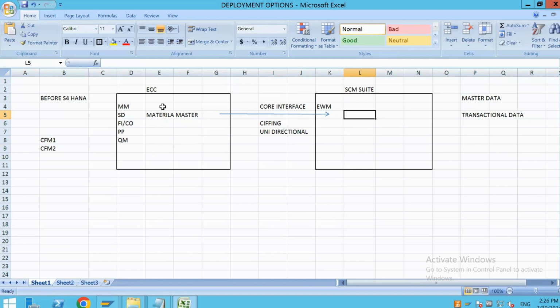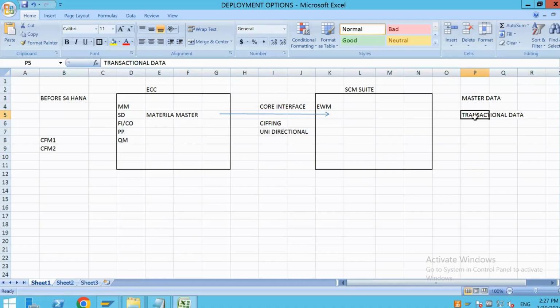Again, I have to make the changes on the ECC side and push it back to EWM. So basically, it is only one direction from ECC to EWM. That's it. You cannot push the information back from EWM to ECC. That's the reason it is unidirectional. So all your master data is pushed through core interfaces, with CFM1, CFM2. These are the 2 T codes we used to use. So this is all about the master data.